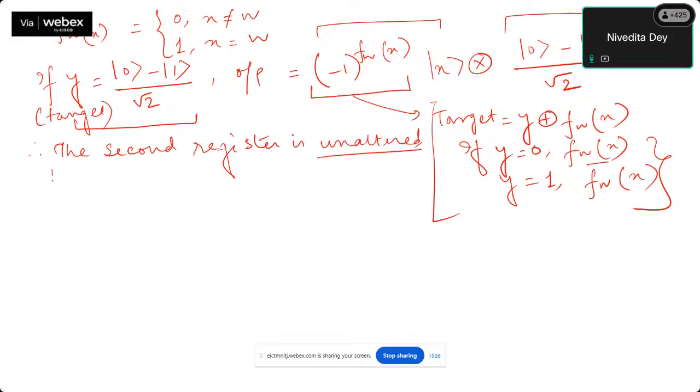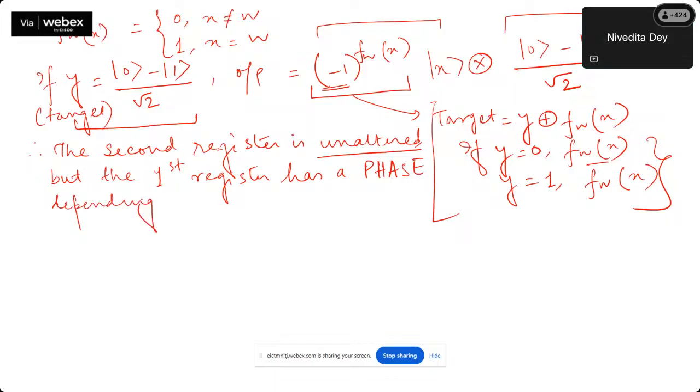I'm trying to write everything so that later on, whenever you are revising or redoing it multiple times, you can figure out the why behind all those subsequent steps. But the first register has a phase, depending on f of w of x. That is my flag.